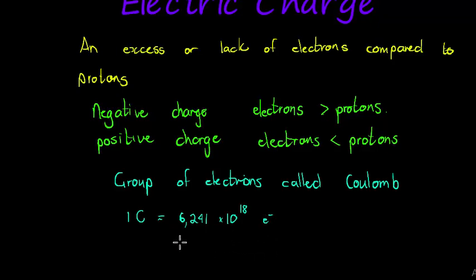So it's 6,241 and another 15 zeros. Why 15? Because I'm moving the comma 18 times, and I've already moved the comma 3 times, so I add 15 zeros. That's how many electrons are in 1 Coulomb.